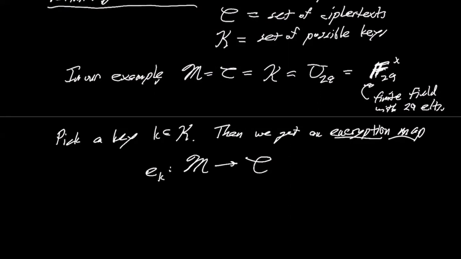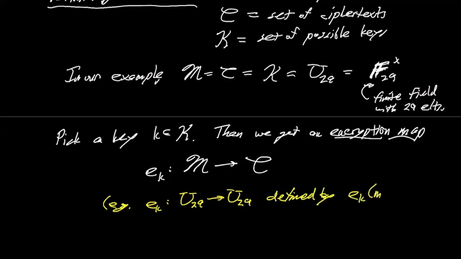In our example, E sub k from U29 to U29 is defined by E sub k of m is just k times m, where we recognize that we're reducing mod 29, because we're in this mod 29 finite group.